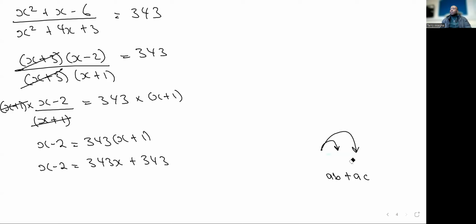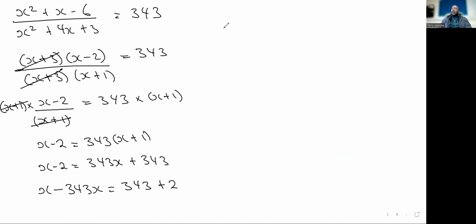So we're going to have x minus 343x is equal to 343 plus 2. And we now have x minus 343x, which gives us minus 342x, is equal to 343 plus 2, which gives you 345.